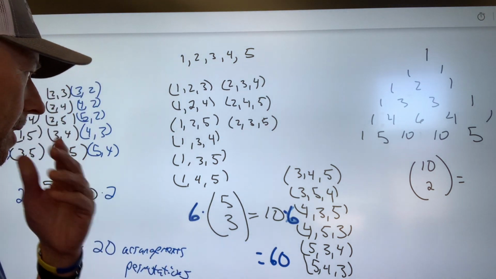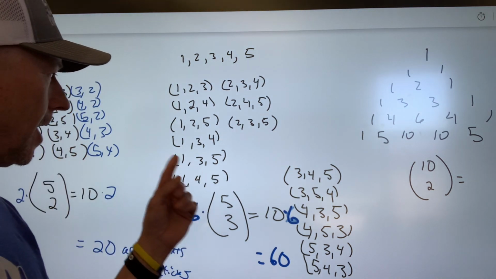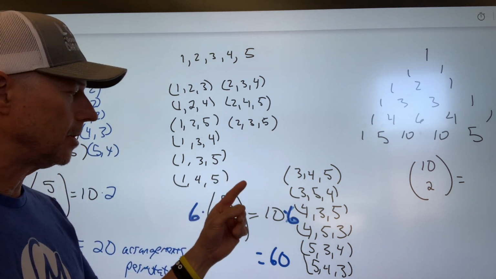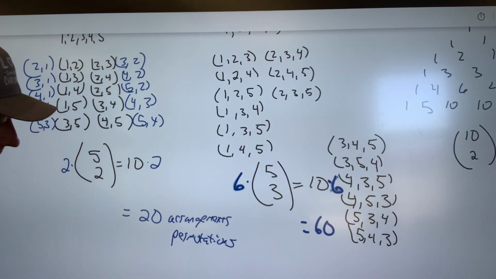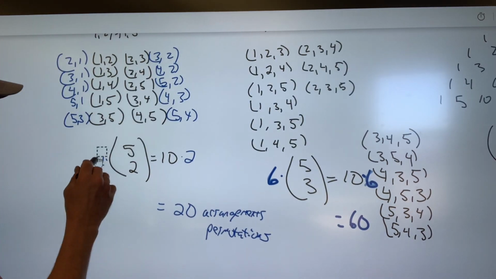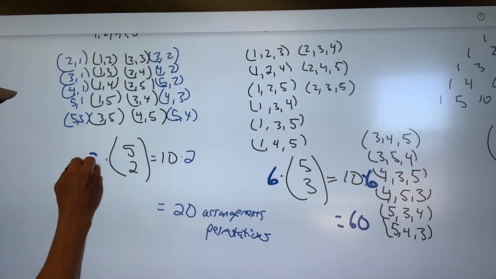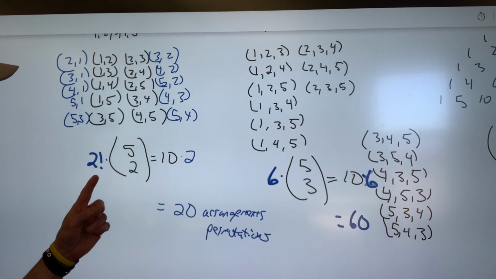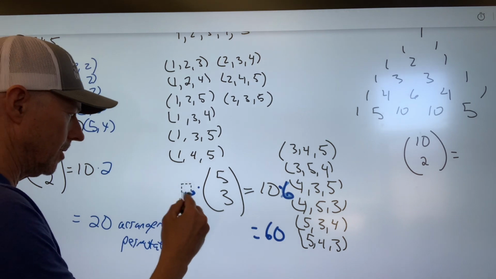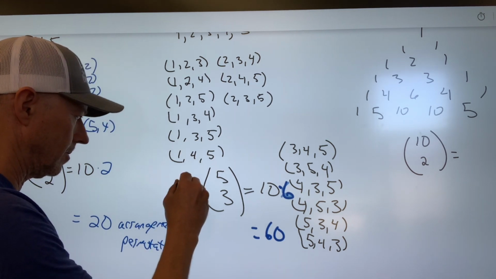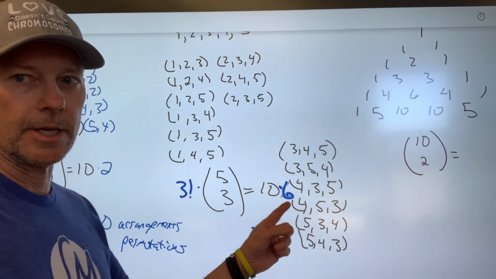So obviously, what's the pattern here? It's not double then triple. Oh, here's what it is. This wasn't double, this was 2 factorial. 2 factorial, but that's just 2. And over here, it was 3 factorial. Oh, well, that's just 6.